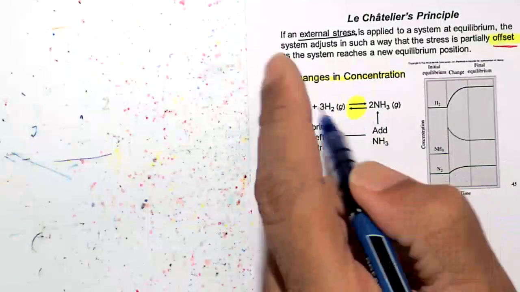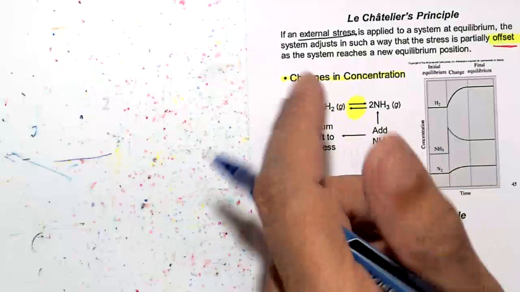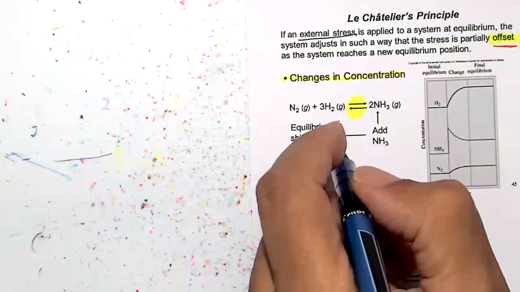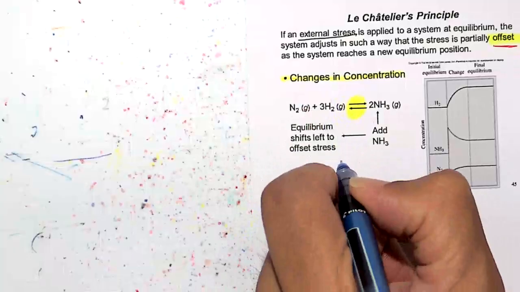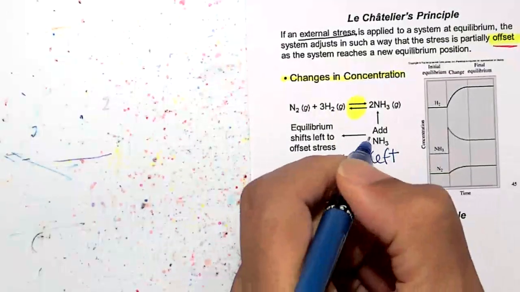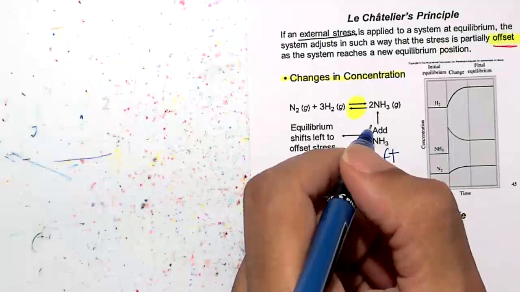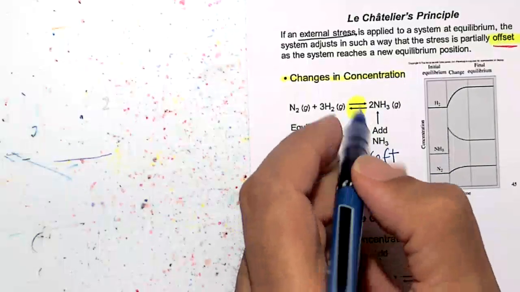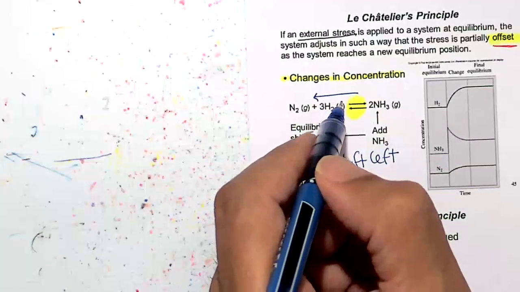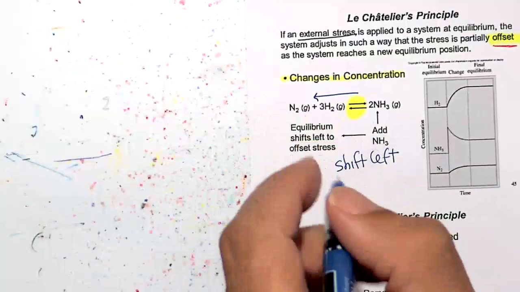Where will it go? Will it go to the side that adds NH3 or go to the side that removes NH3? You add NH3, where will the equilibrium shift? It shifts left. This is what we mean, Royce, when we say offset. You add NH3, it's going to shift left to counteract the addition of NH3.